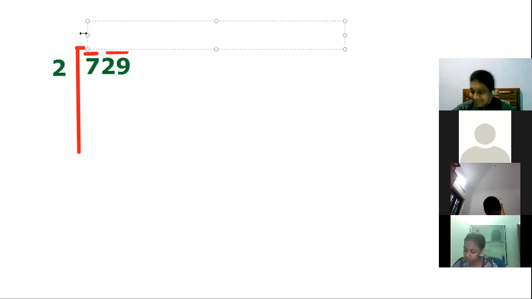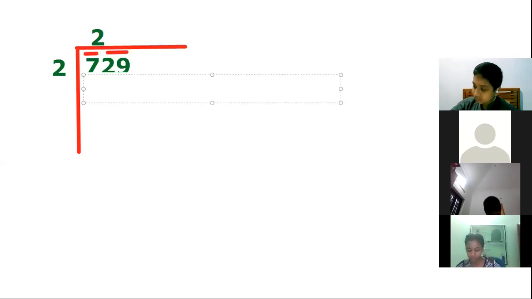Okay, did you get the idea? We have to place the same number with which we are dividing. That's why we are writing 2 here. Then it becomes 2 into 2, 4. Did you get the idea about getting 2 instead of choosing 3?